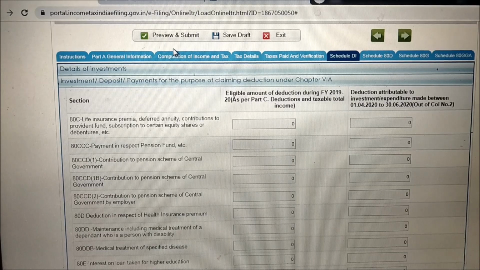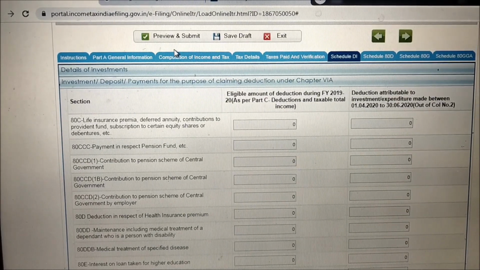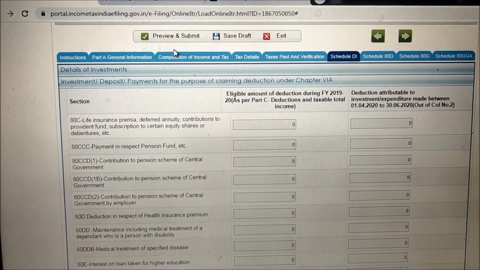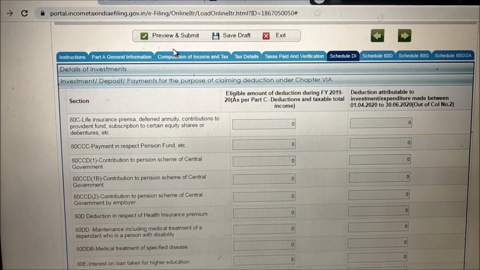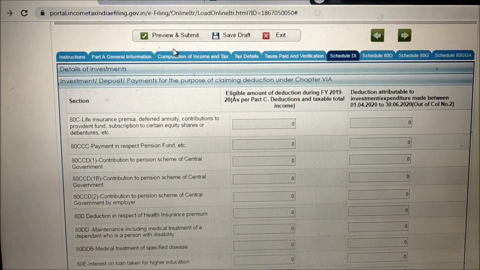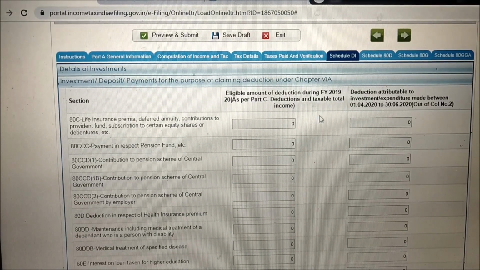If you have made any investment, deposit, expense or donation which you wish to claim as deduction in financial year 2019-20, but the actual expenditure on investment was incurred between 1st April 2020 and 30 June 2020, then you should put it here.